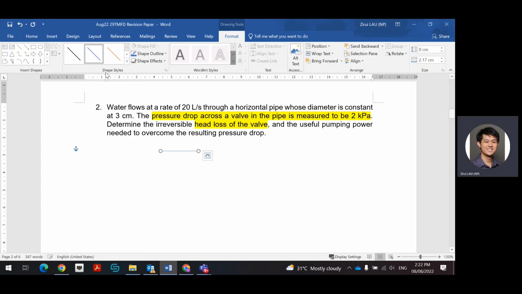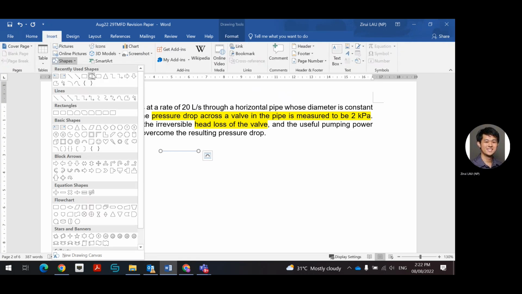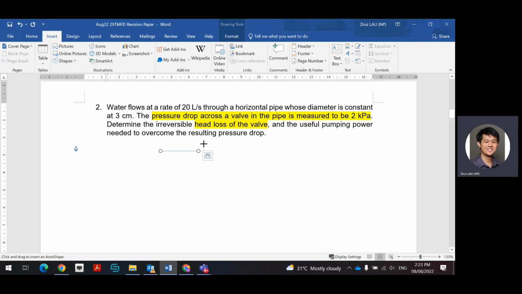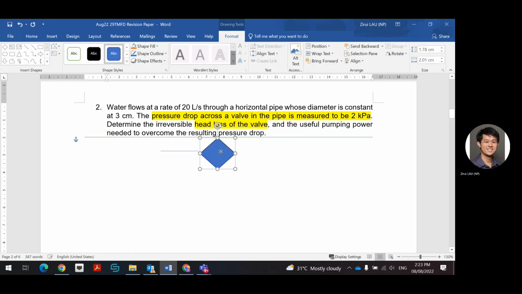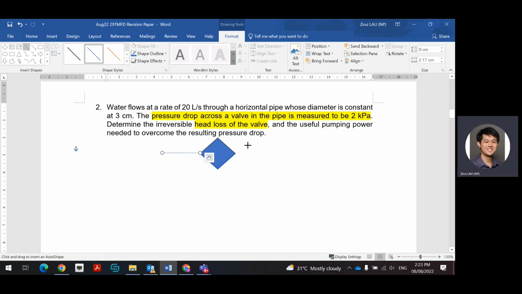You have a line, then maybe I'll just use this as a valve, and another line.